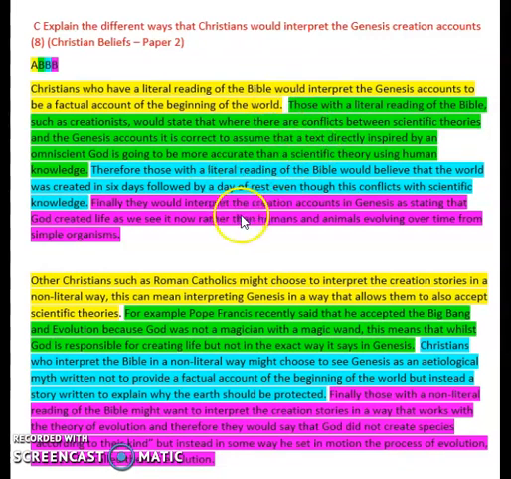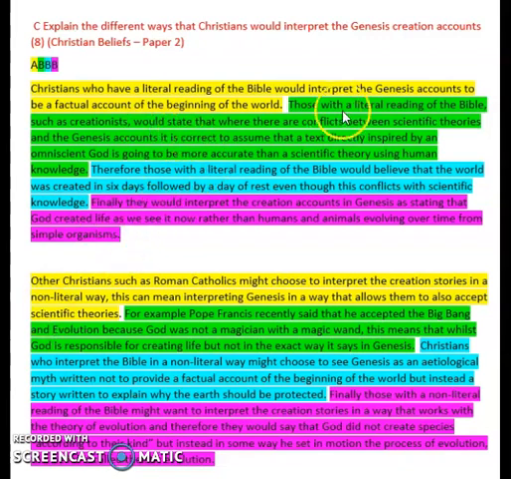Notice my second and third points are much shorter because I do only have about 4 minutes a paragraph. And then finally, to make sure that I've made clear that I've made 3 points, they would interpret the creation accounts. Again, I'm echoing this wording here in Genesis as stating that God created life as we see it now, rather than humans and animals evolving over time from simple organisms.